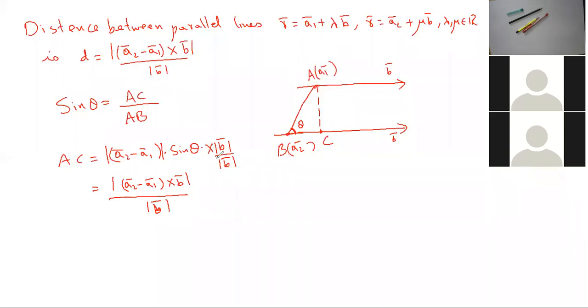You just need to know that formula: mod of A bar cross B bar is mod A bar into mod B bar into sin theta, where theta is the angle between them. That's what we got here: mod A2 minus A1 into mod B bar into sin theta, where theta is the angle between A2 minus A1 and B bar. And that's the distance between parallel lines formula.